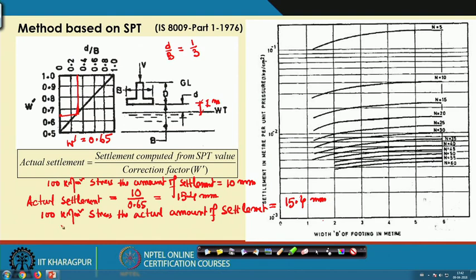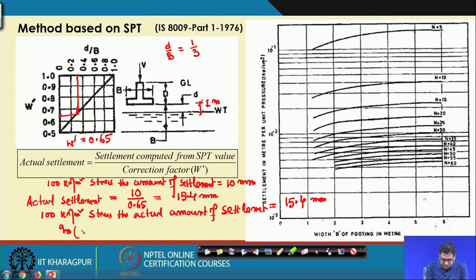So, the Q ultimate or Q safe in terms of settlement will be equal to: we are getting 15.4 millimeter settlement for 100 kilonewton per meter square stress, then for 50 millimeter settlement, which stress?